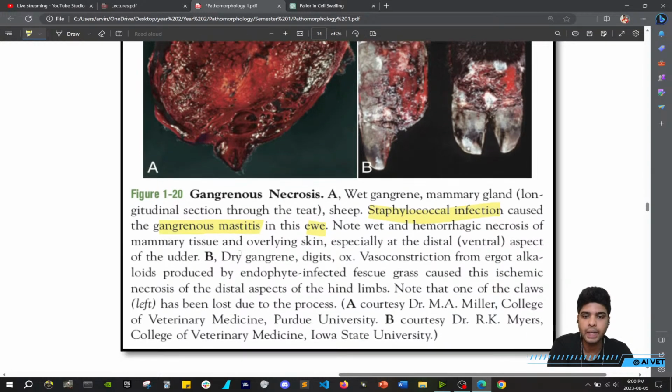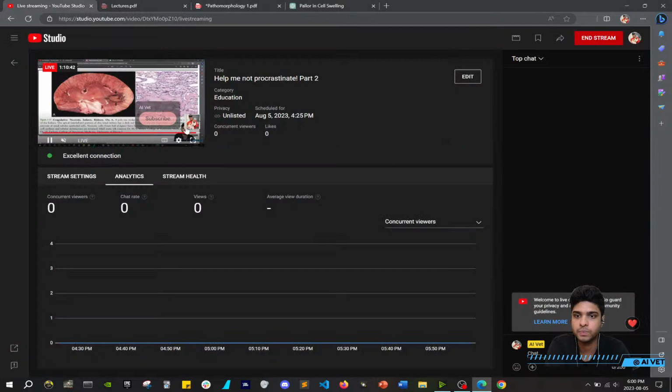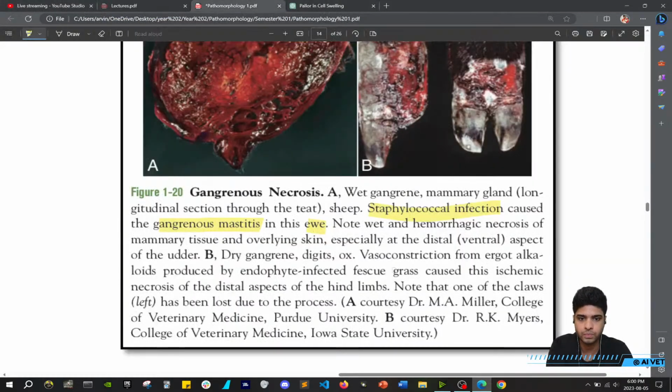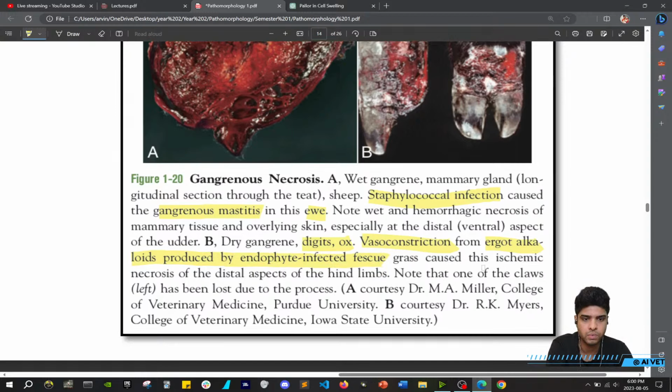And then dry gangrene, let me check if the stream is good. So dry gangrene on the digits of an ox: vasoconstriction happens from ergot alkaloids produced by the endophyte-infected fescue grass, which caused this ischemic necrosis.